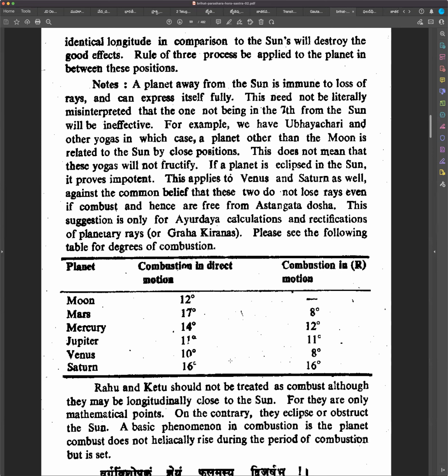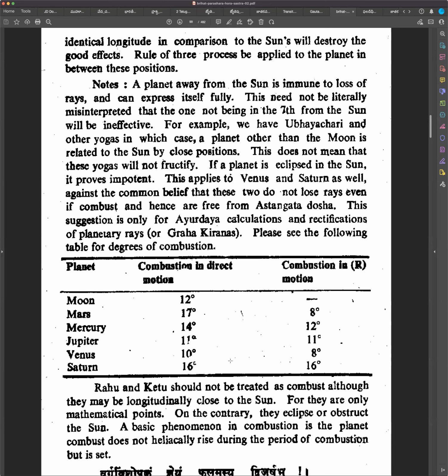The total sky is filled with only Sun rays. Our eyes cannot see more than that. The same way, even if the planet is nearby, the Earth is not able to receive the planet's rays. That's why the effect will not be given individually.